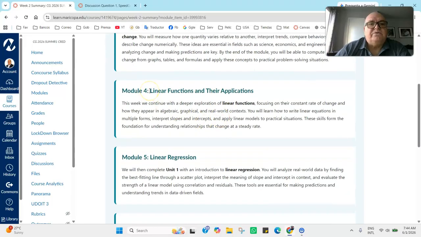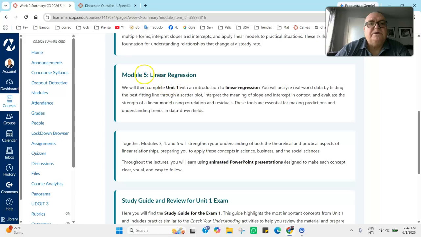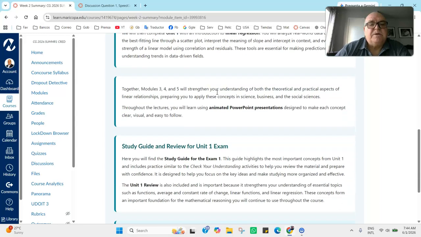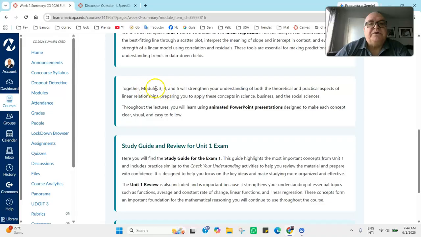We're going to cover also Module 4, which is linear functions and their applications. And also Module 5, which is linear regression. Altogether, modules 3, 4, and 5 will strengthen your understanding of both the theoretical and practical aspects of this linear relationship.